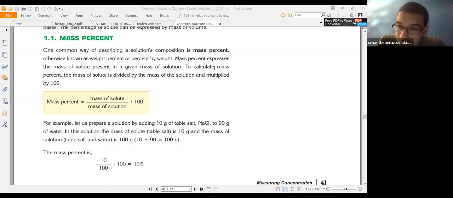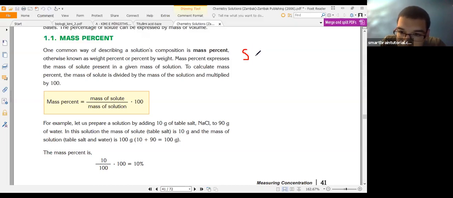So solutions are made of solute and solvent. So I will write here: solute plus solvent will produce solution.